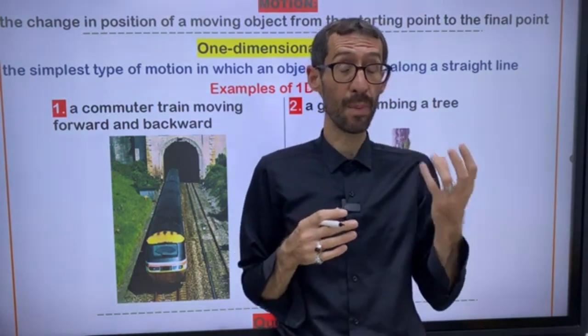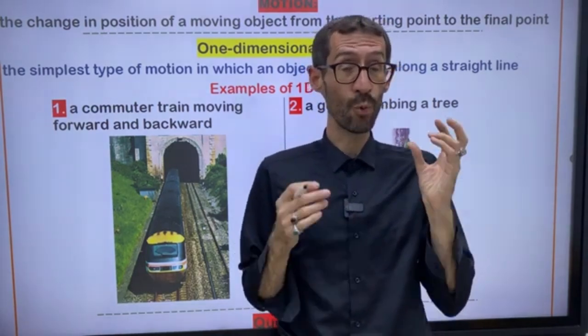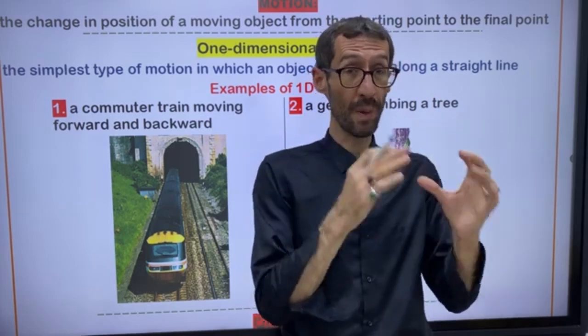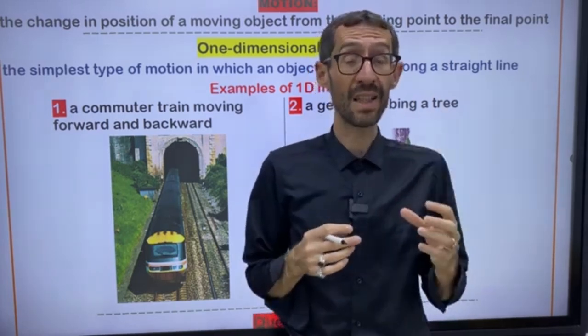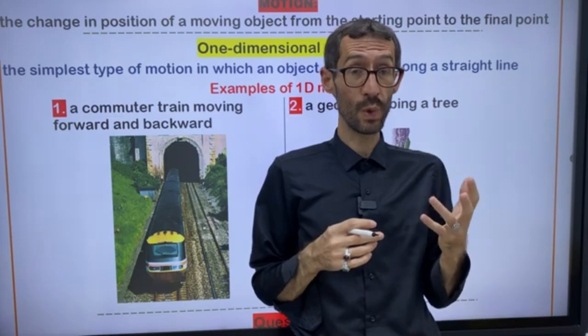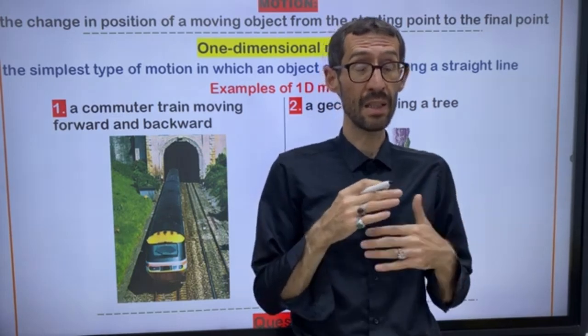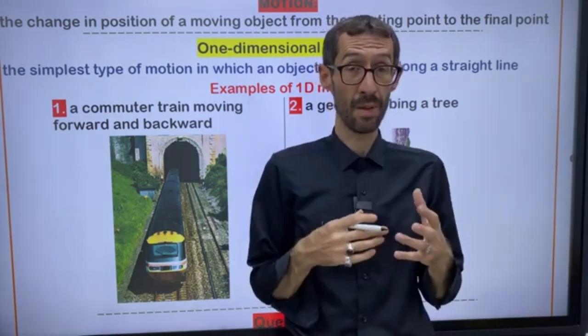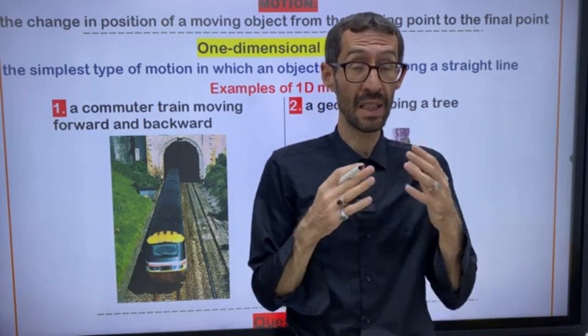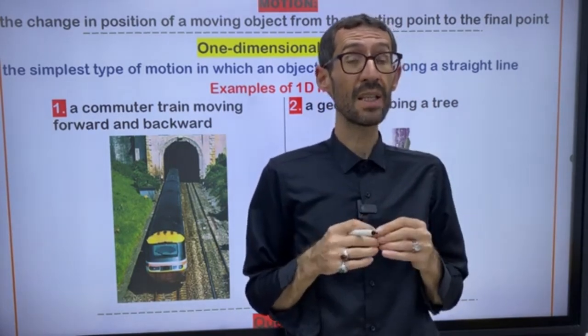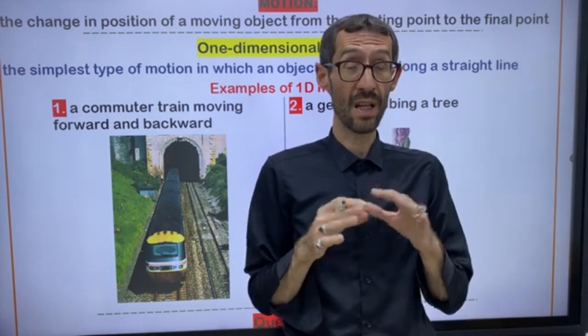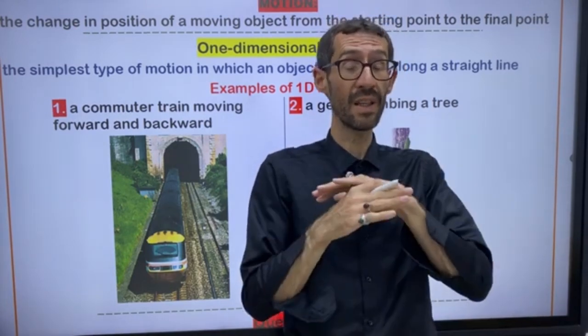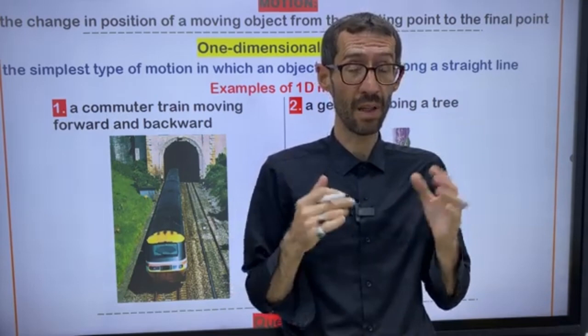Even if you put a microscope on a stone, you see that the particles of the stone are in continuous motion. It means there's no motionless object in the universe. Everything is in motion.